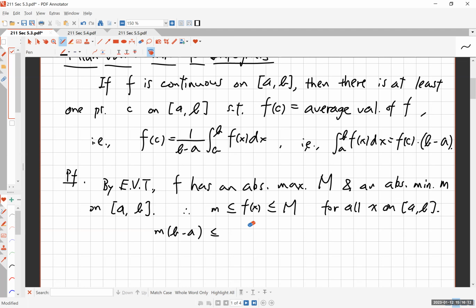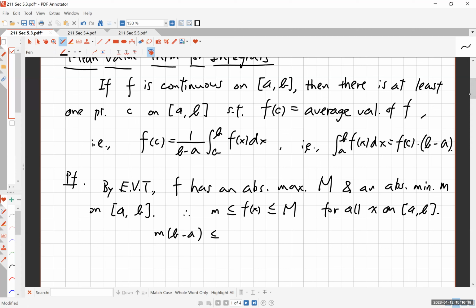What I'm going to do is use that statement that I stated in the last section to say that lowercase m times b minus a, the area of the smaller rectangle, is less than or equal to the integral, which is the area under the curve, which is less than or equal to capital M times the interval b minus a.